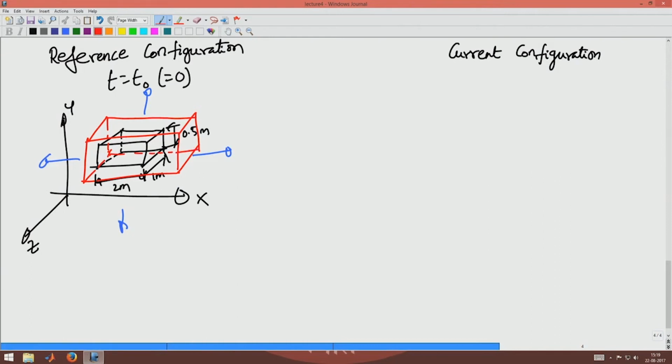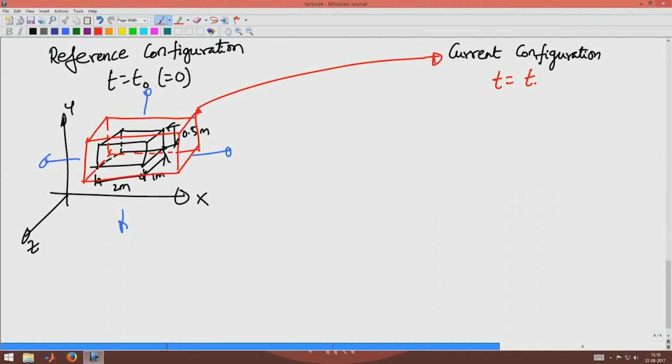Now, this red one is called the current configuration, meaning the configuration the body attains at some time t. At time t the body would have been in the current configuration.